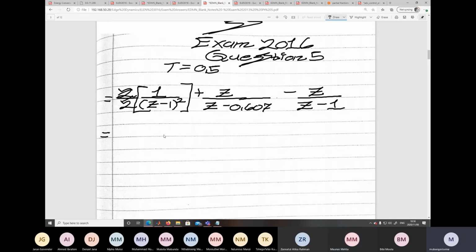Okay. So your LCD is going to be Z minus 1 squared with Z minus 1. Cool.